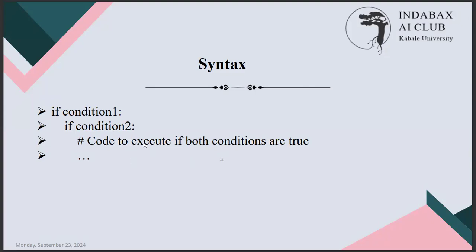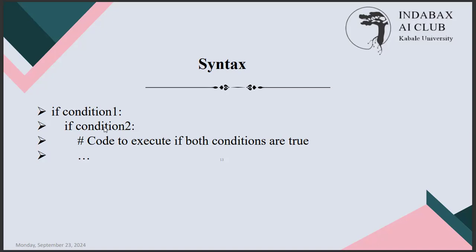So this code will be executed if and only if both of these conditions are true. If the first one is true, but the second one is not true, then it will print whatever is here, but what is inside this second condition won't be executed.